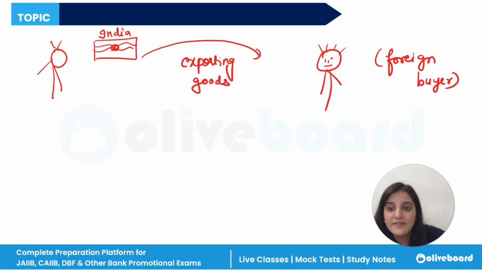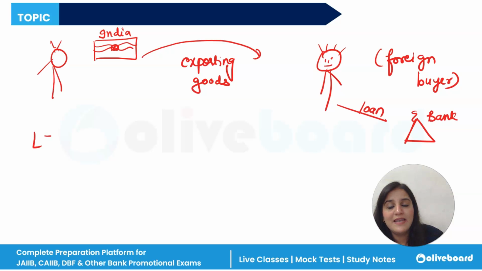To finance the production and shipment of these goods, the exporter takes a loan in foreign currency, say from their bank.